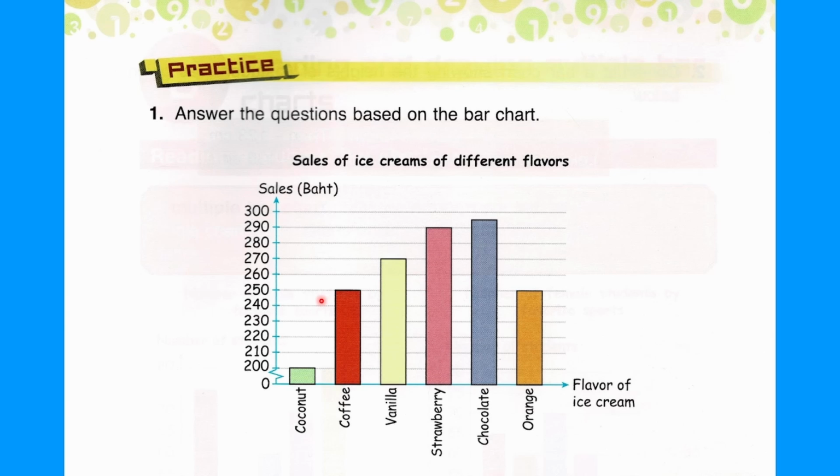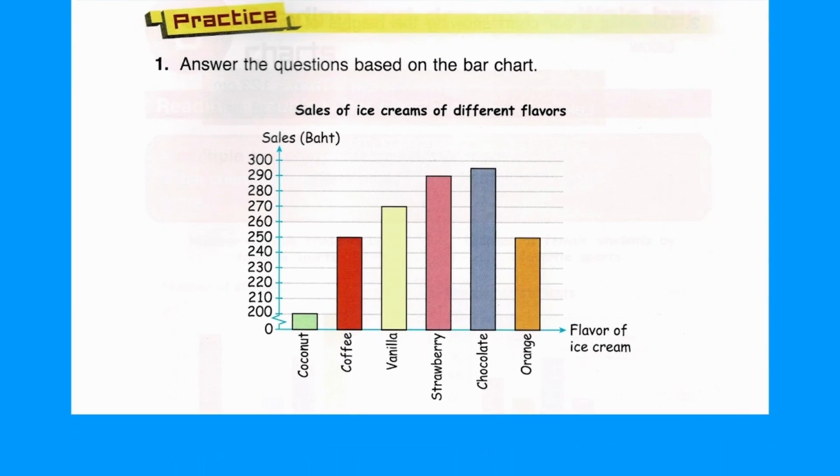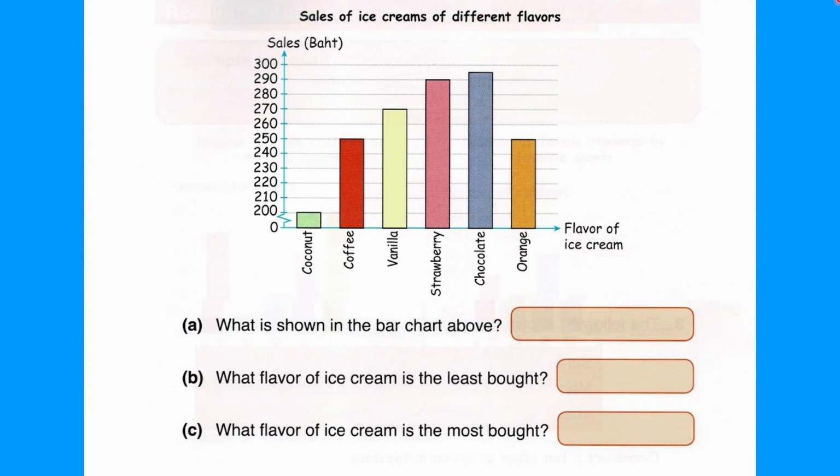So let's look at the questions. What is shown in the bar chart above? So this question is asking for the title. The title is here. So this is your answer. Sales of ice creams of different flavors.